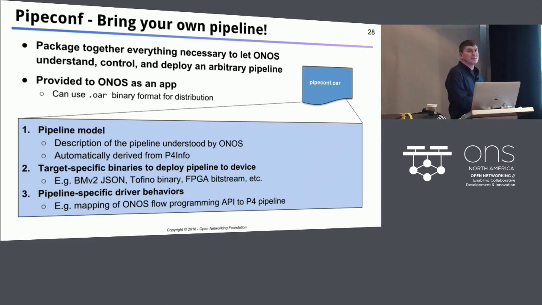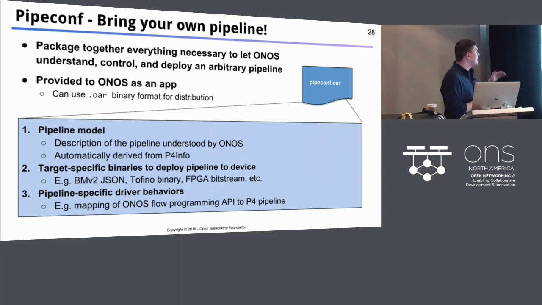It contains the target-specific binaries to deploy the pipeline to a device, and this could be, for example, the binary configuration for your Tofino ASIC, the bit stream in case you're controlling an FPGA-based device, or a JSON file in case you're controlling a software switch like BMV2.